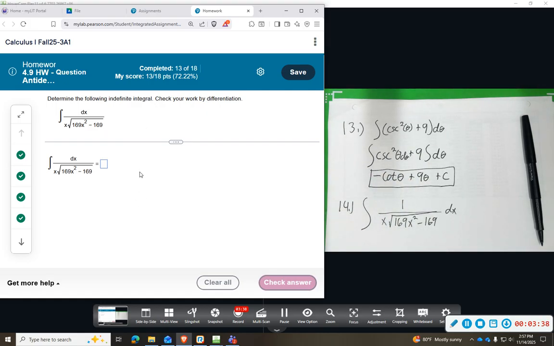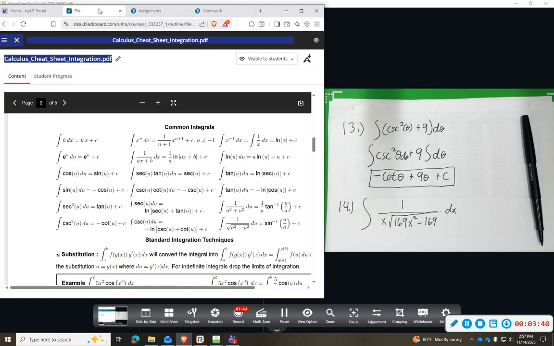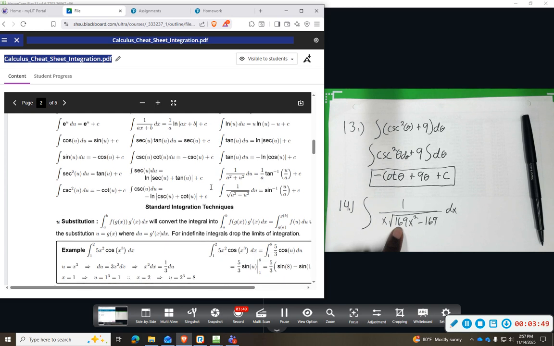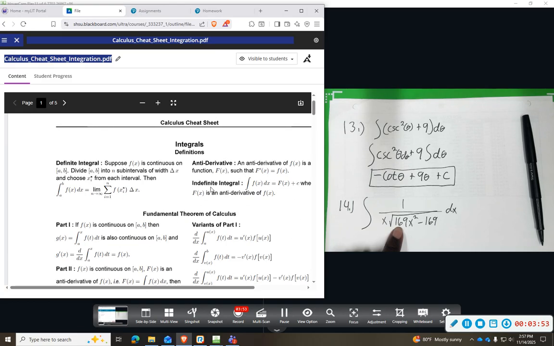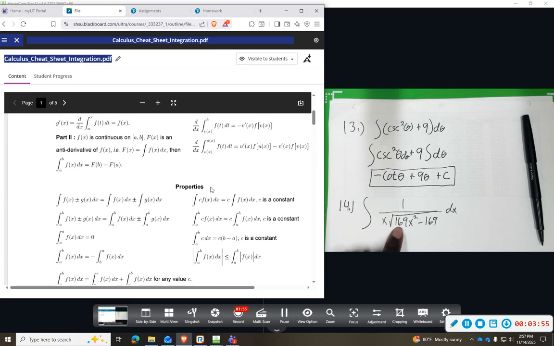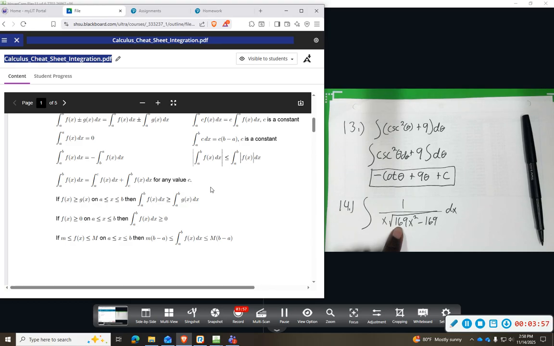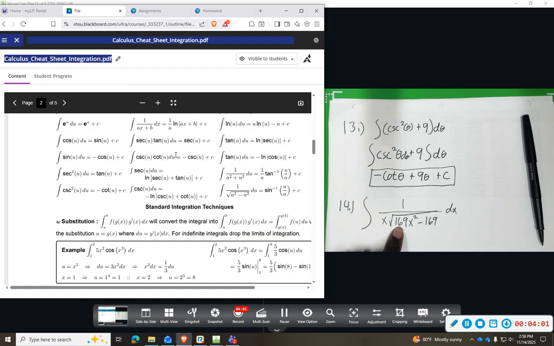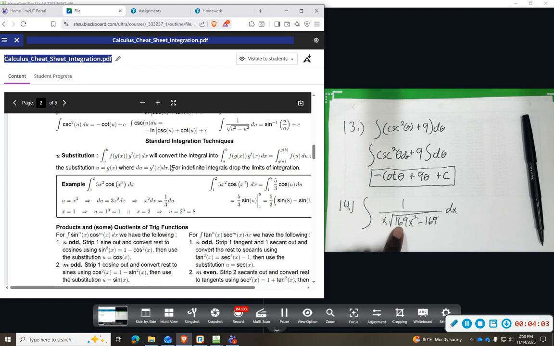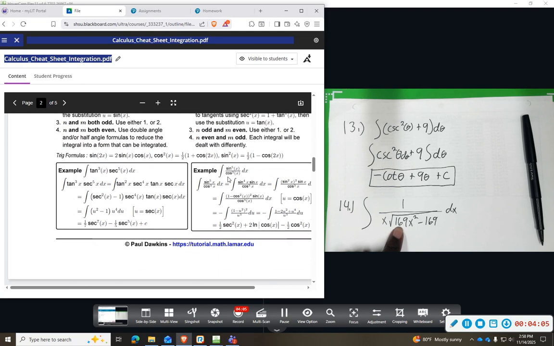So we're going to go back to our antiderivatives, and we're looking for something of this form. And it could be going backward to my derivative functions, because just at a glance, I don't see it right there.